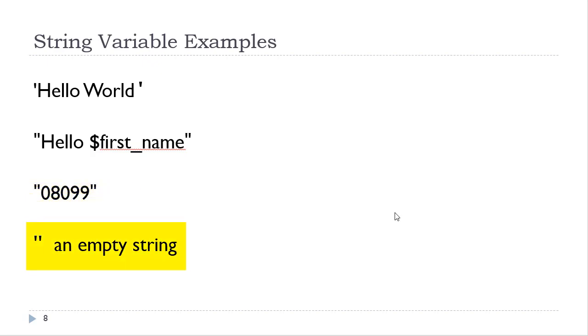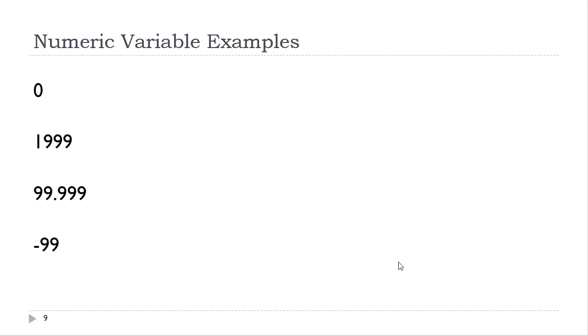And we also have what is called the empty string, two quotes with nothing inside it. So any type of expression that would be enclosed in quotes, whether it's single or double, would be a string. Numeric variable examples: 0, whole numbers, decimals, and negatives.